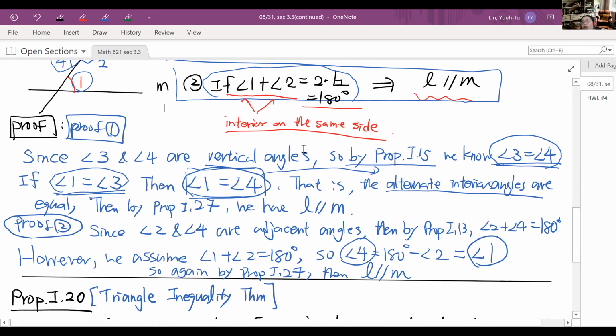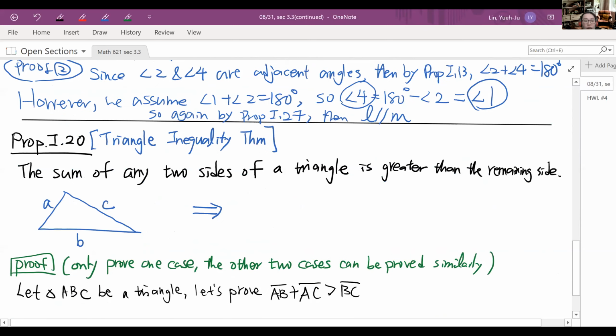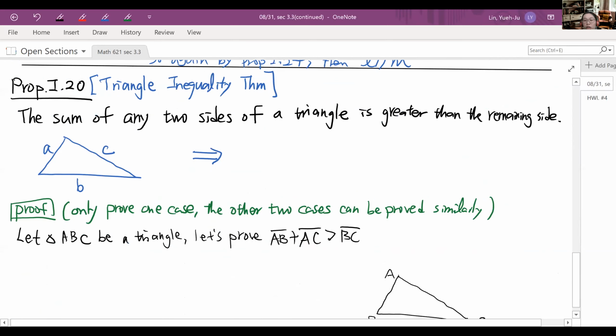But that was his style back then when they were trying to write a very rigorous proof. But if you use your own modern language to rephrase it and write an updated proof, it's really just this short, okay?